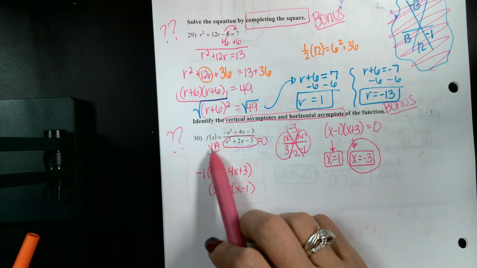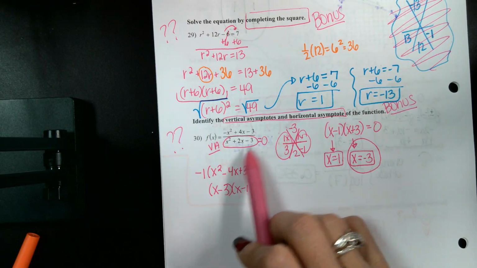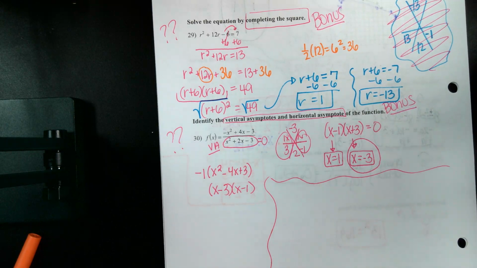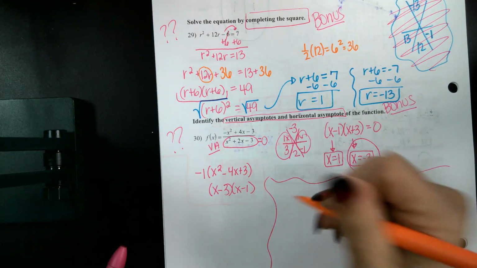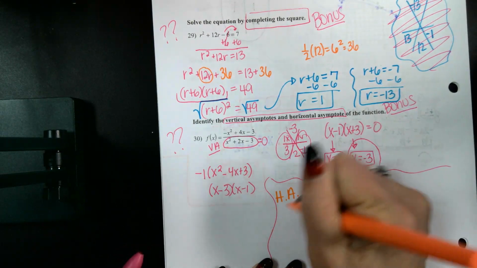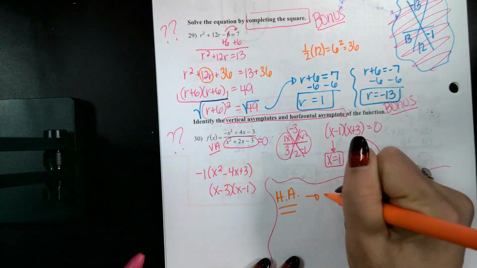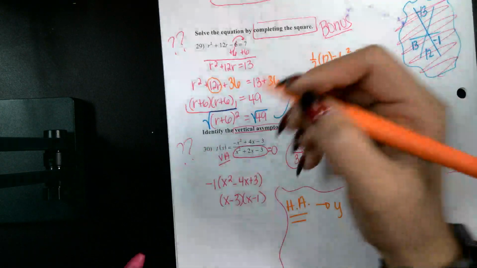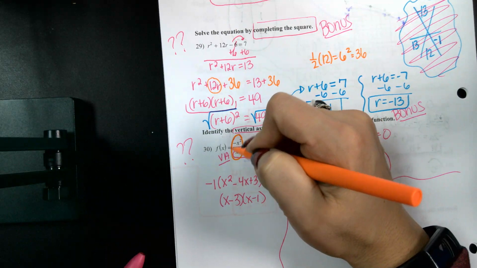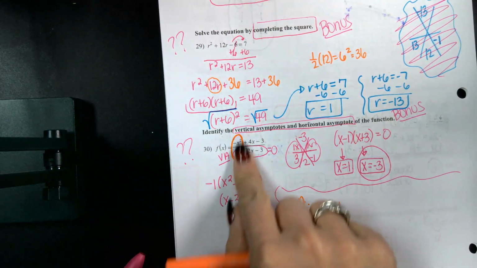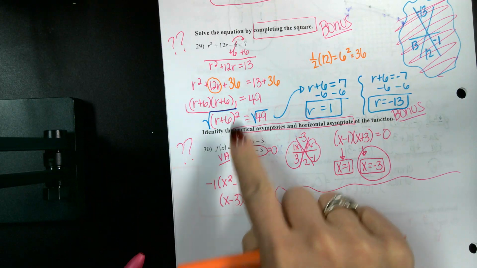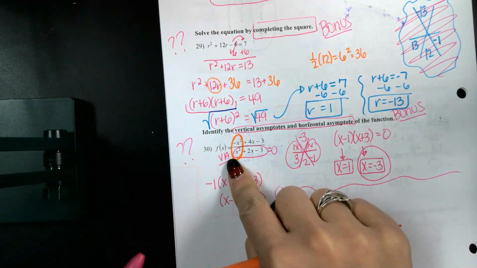Okay? Just set the bottom equal to 0 and solve. We don't do the top one. That's for the horizontal. So now for the horizontal asymptote, this is all you do. This is dealing with y. The rule states, so make sure you listen, that if the two exponents, the leading exponents out here, the top one and the bottom one match, so they're both x squareds, this is all you do.